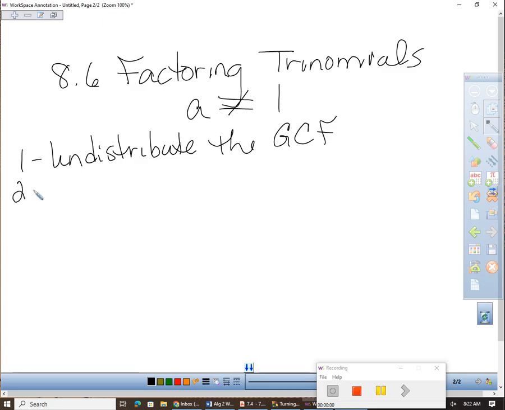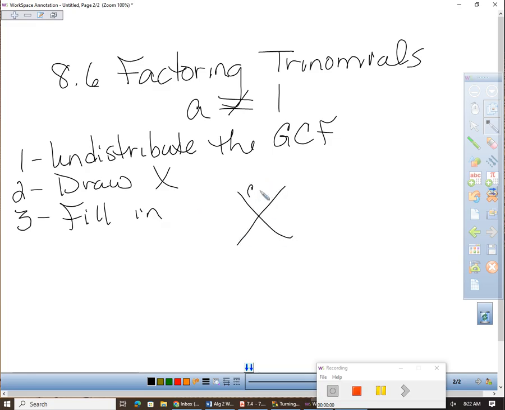Step number 2, you're going to draw your x. Step number 3, you're going to fill in the x. Remember, it is C times A goes on top and B goes on the bottom. Step number 4, solve the x.